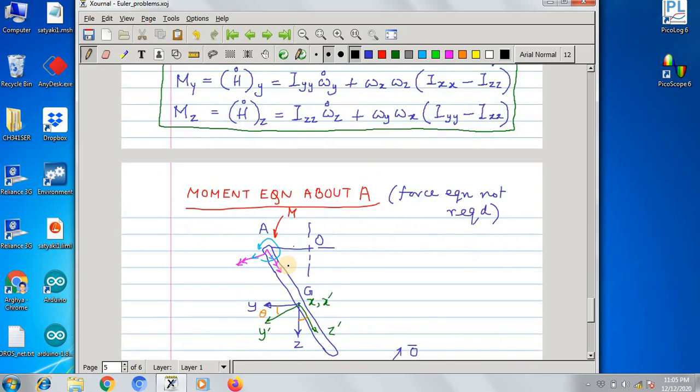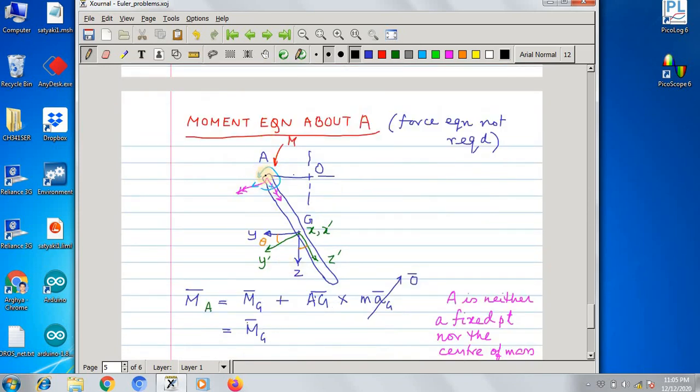So here also we can take moment about A. Moment about A is moment about G plus AG cross mass into acceleration of the center of mass.